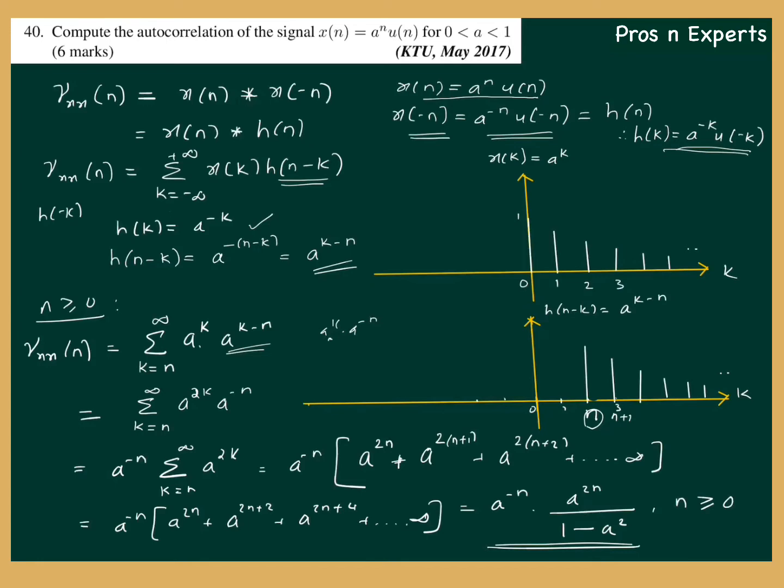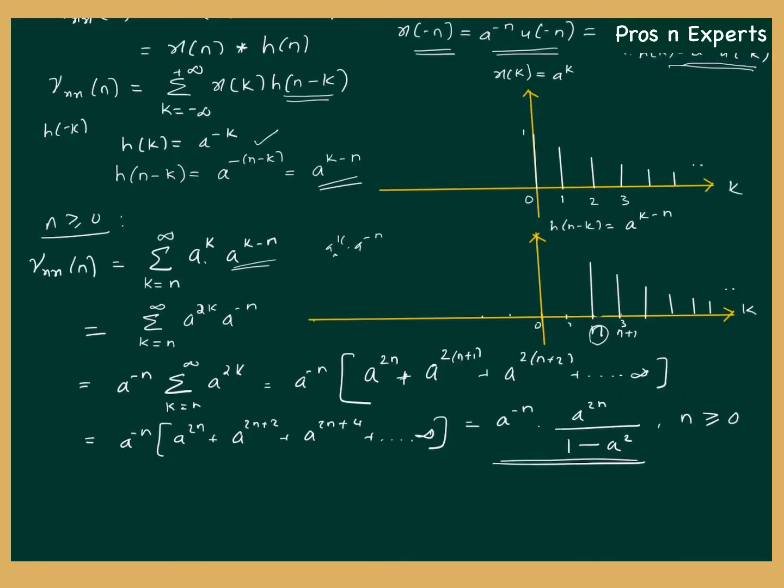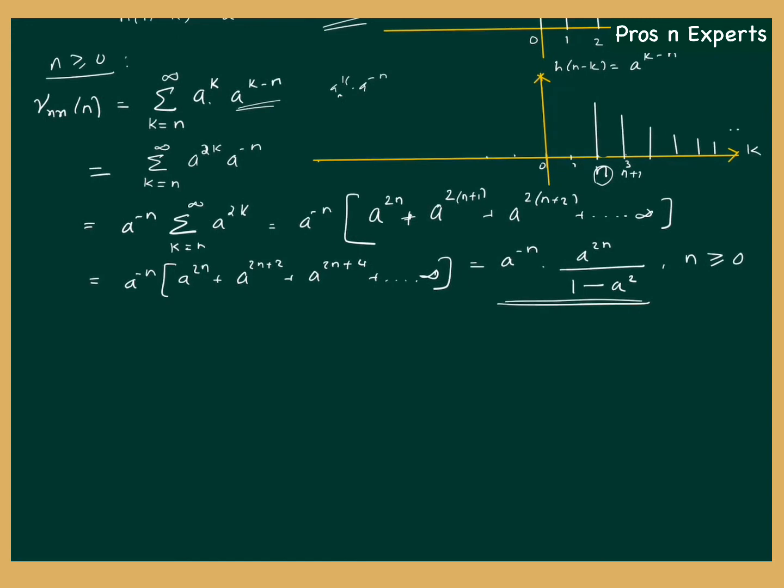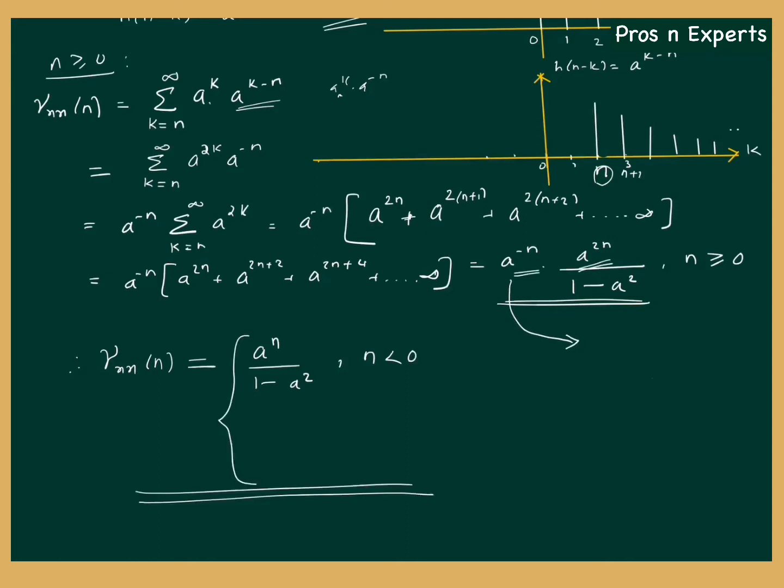Okay, so why don't we consolidate the result we have obtained? Therefore, gamma xx of n is equal to, the first result was a raised to n by 1 minus a square for n less than 0, and the next condition is, before the next condition, let me just simplify this expression once again.